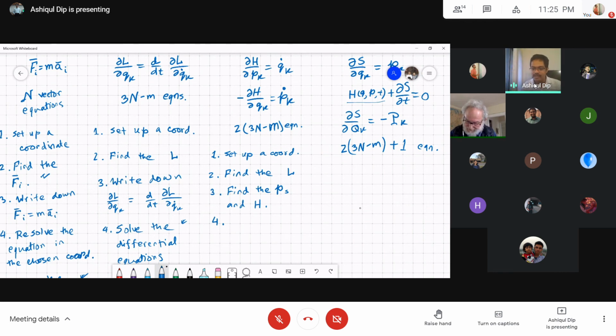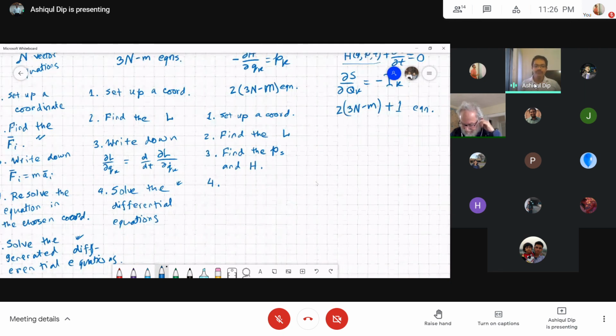Say you end up with an equation like p_x equals m x dot plus m y dot, and probably the next equation will have p_y equals m x dot minus m y dot. That's simple, but sometimes inverting this relation and finding y dot and x dot in terms of p's would be difficult. So finding the Hamiltonian might be difficult sometimes, but not always. In many systems we know, those are simple.